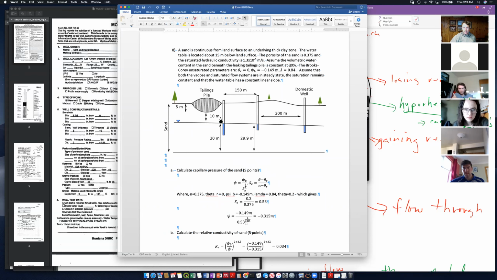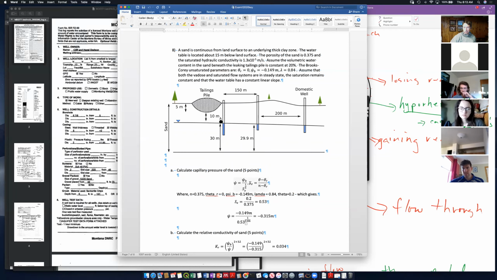And the sand beneath the tailings pile has a volumetric water content that is constant at 20%. So the capillary pressure here, we're going to calculate using this 20% volumetric water saturation.